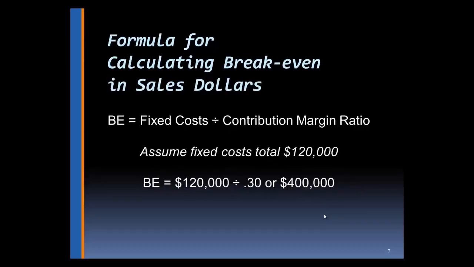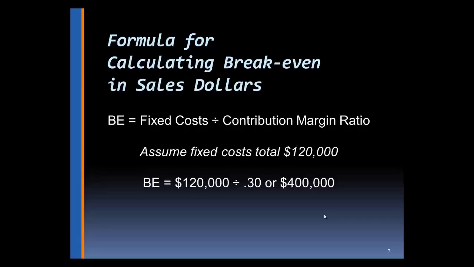Now we also want to know, what is the break-even in terms of sales dollars? And we could reach that in two different ways. We could take the break-even in number of units, which is 200,000, and multiply it by the sales dollars per unit, which is $2 per unit, and we come up with $400,000.